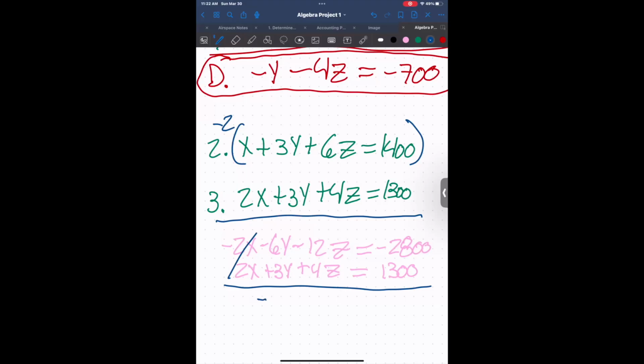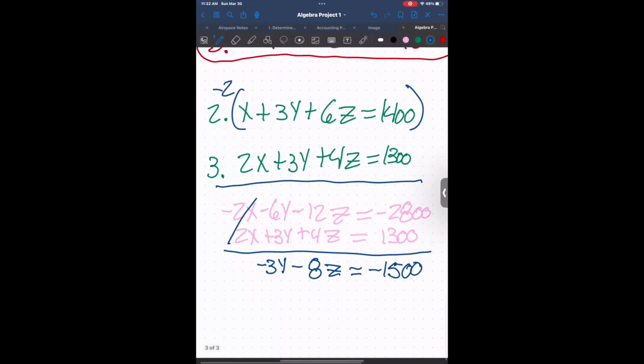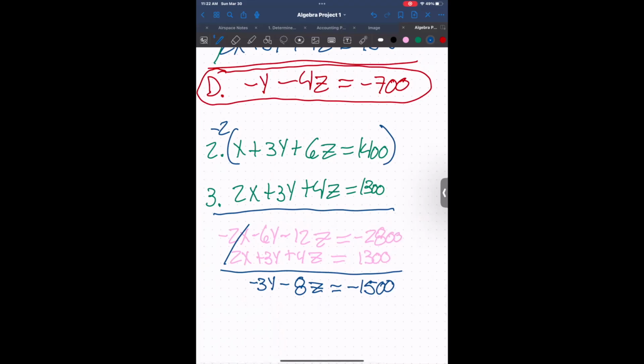So what we have left is negative 3y minus 8z equals negative 1500. We're getting closer. So just like we came up with kind of an amalgamation of two up here at D, we're going to call this E. Let's keep it cohesive. Let's circle it in red.